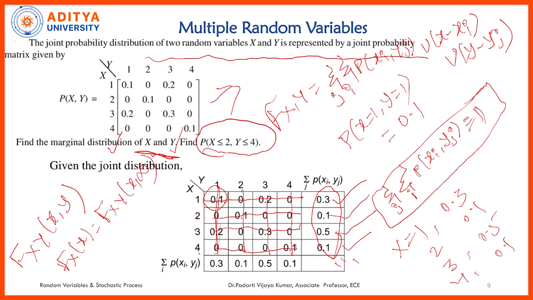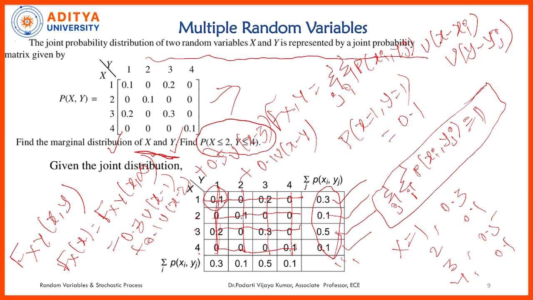So now Fx of x will be equal to, this is the first one, 0.3 into u of x minus 1, next 0.1 into u of x minus 2, next 0.5 into u of x minus 3, next 0.1 into u of x minus 4. When you sum all the values, we will get this one.